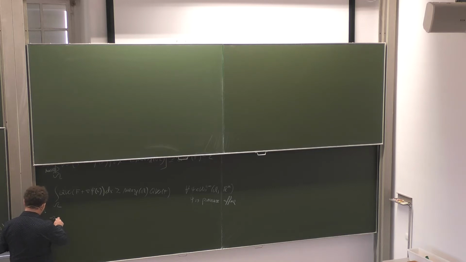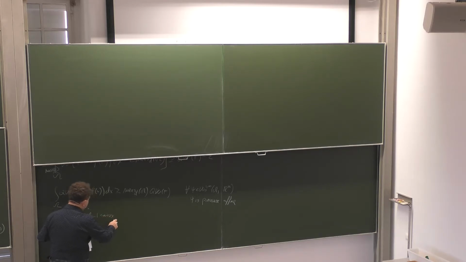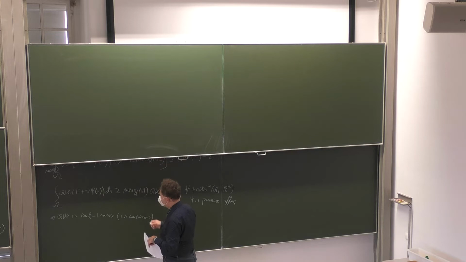So this implies that QW is rank 1 convex by this partition and using rank 1 matrices. This means continuous. And this implies that QW is quasi-convex.